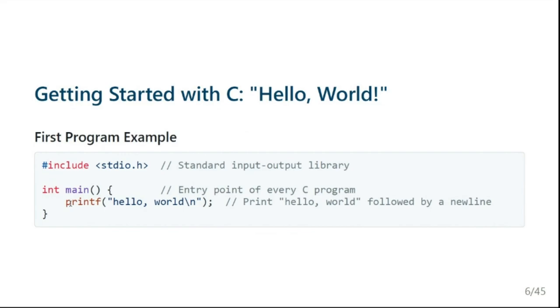So that's actually again very similar to C. But if you have used other languages such as Python, you will notice in Python, when you call print, you don't need to call in any library. That's basic in the language.